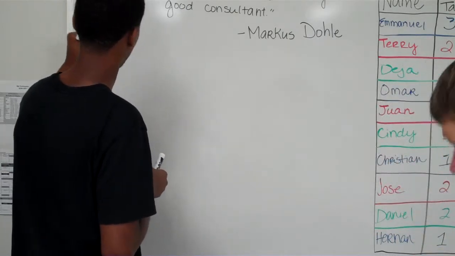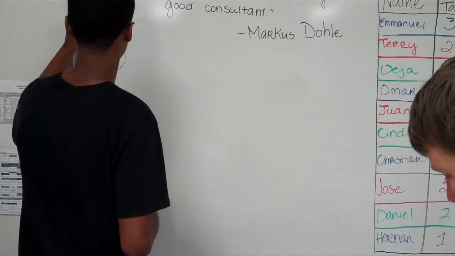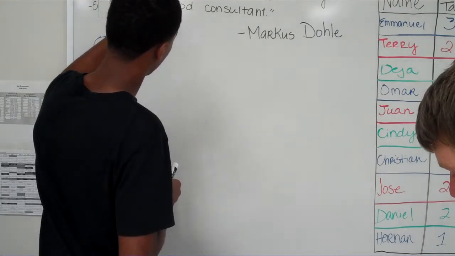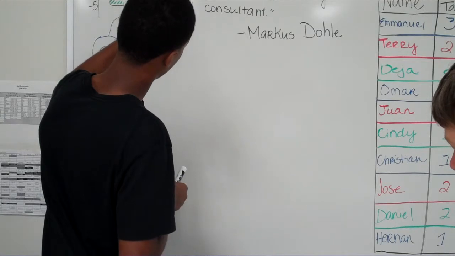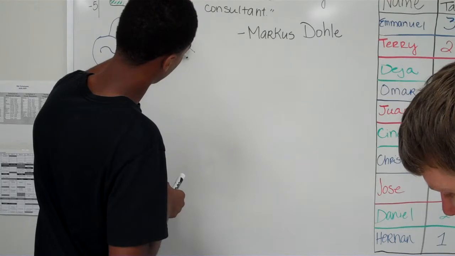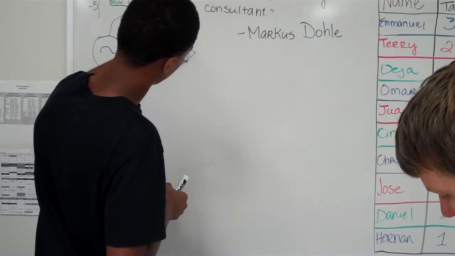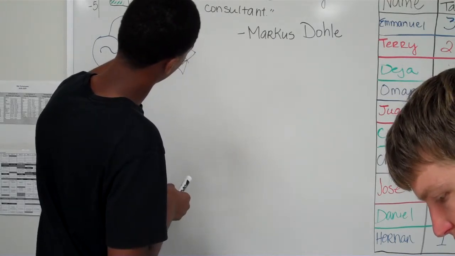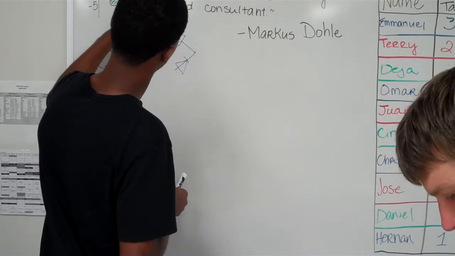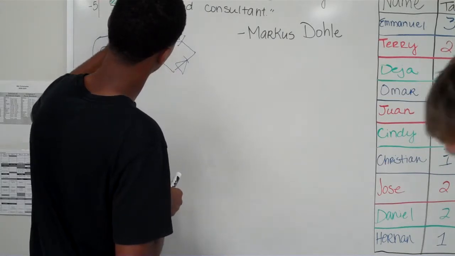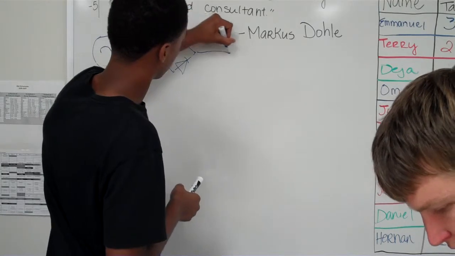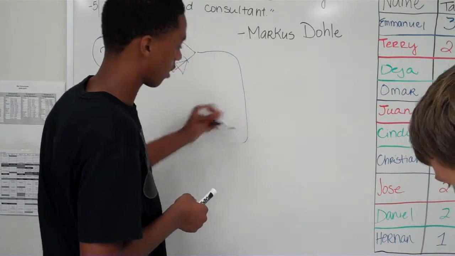Anytime you want something to happen, you've got to have a switch for it. Yeah, that's good. And then it comes out. Okay, and then how do I draw the light?